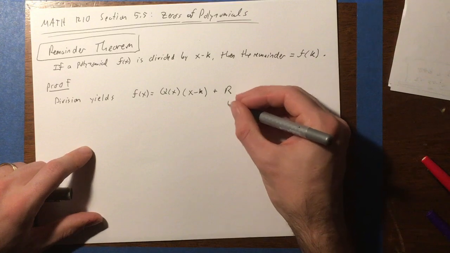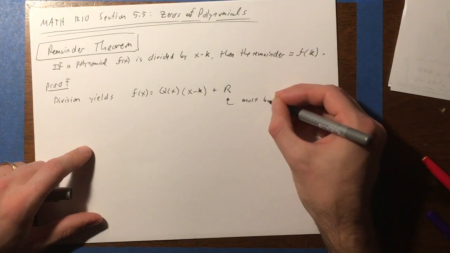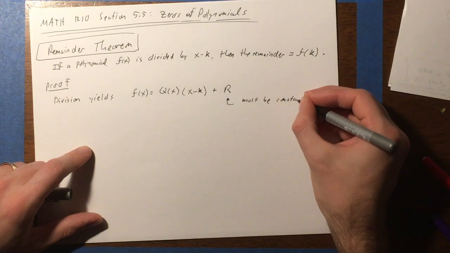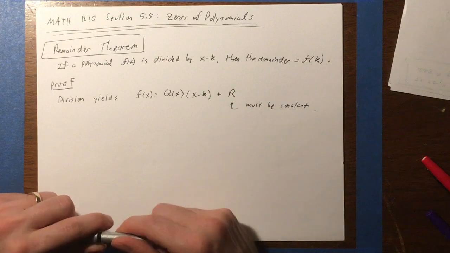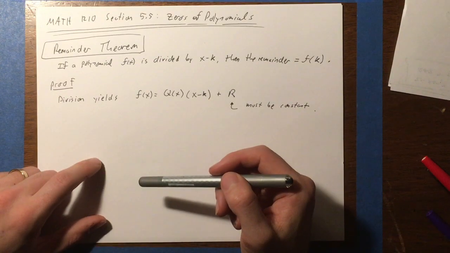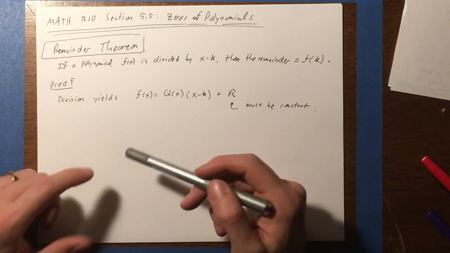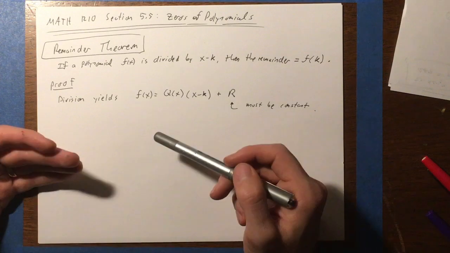Now, this remainder r must be constant. How do we know that it must be constant? Well, I explained when we were doing long division that the remainder from polynomial division is going to have a degree that is strictly less than that of the divisor.